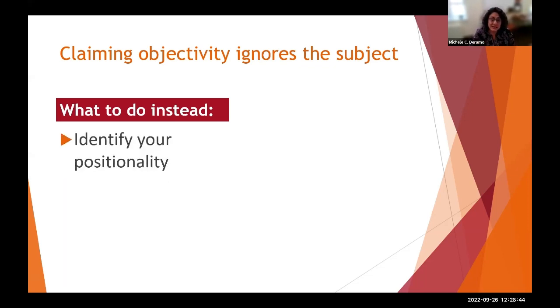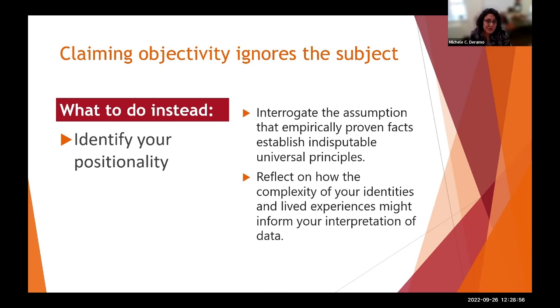What to do instead is what we in the social sciences and humanities call identifying positionality. What does this mean? First of all, we interrogate the assumption that empirically proven facts establish indisputable universal principles, and instead reflect on how the complexity of our identities and lived experiences might inform how we interpret data.